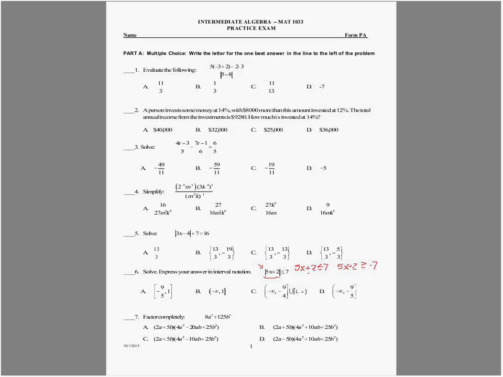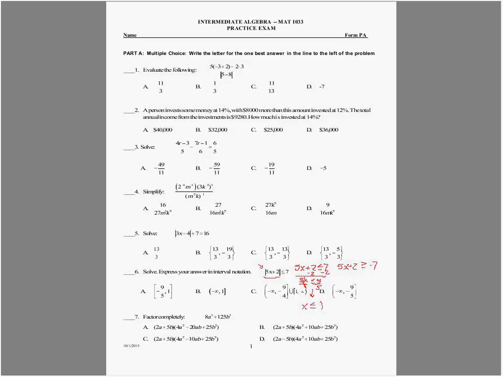So it's just a matter of solving these problems. I'm going to bring the 2 over to the other side, and we'll have 5x is less than or equal to 5. Then we divide by 5, so this cancels, and we'll have x is less than or equal to 1.